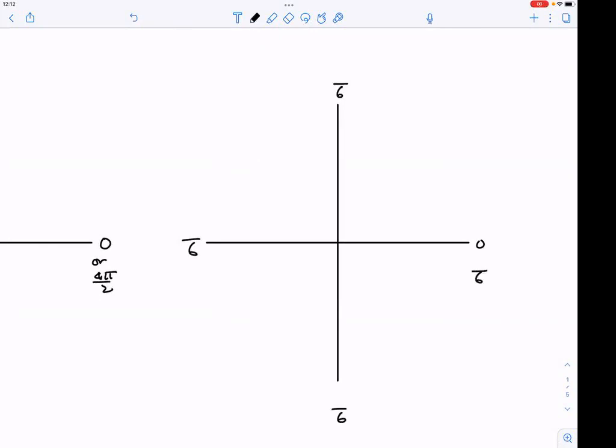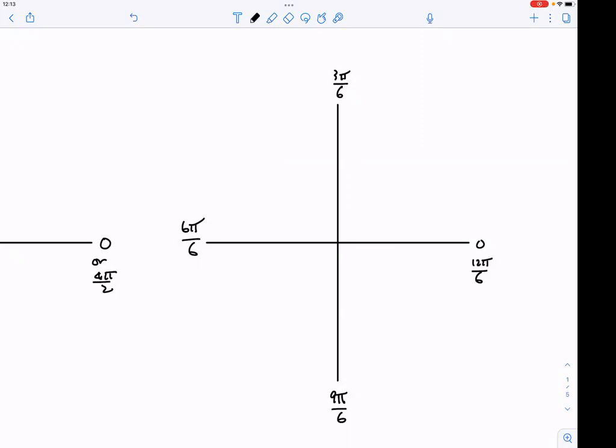Now, what should we put in the numerator? 3 pi over 6, which is the same thing as pi over 2. On the left, at 180 degrees, we will put down 6 pi over 6. Down under, we have 9 pi over 6. And back to the 2 pi location, 12 pi over 6.